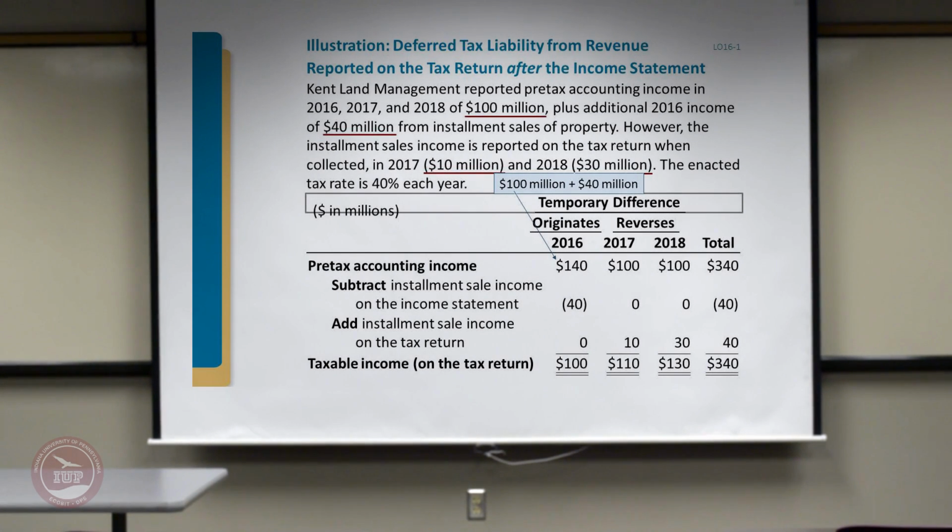Now, as far as the tax adjustment is concerned, since the tax law does not allow that income to be recognized unless and until it is received in 2017 and 18, to come to the taxable income, we reduce that by $40 million. That gets the taxable income to $100 million for 2016. So the accounting income is $140 million, but the taxable income is $100 million.